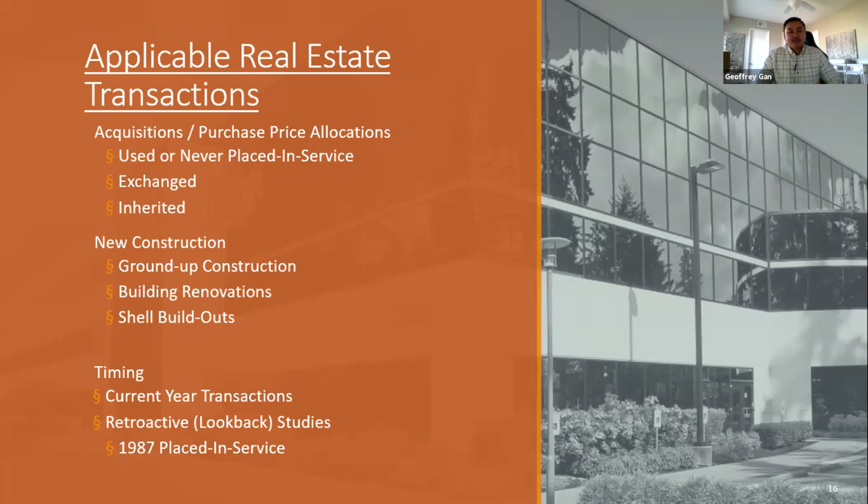Okay, timing wise, this goes back to our discussion on how far back you can go. A lot of people think of cost segregation studies as current year transactions. So they think, oh, my client didn't buy any properties this year, so there's no cost seg study to be done. But as Steve was alluding to, you can go back and do cost segregation studies. We call them retroactive or look back studies. Technically, you could go as far back as 1987 to when that asset was placed in service. But again, every year that you haven't done a cost seg study, you've depreciated a fraction of that asset.